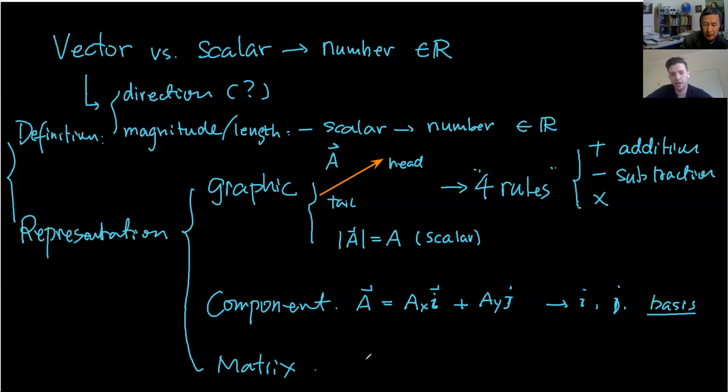You know that we mentioned at the beginning that vectors can also be represented by arrays of numbers, just as ax, ay. Okay. Or sometimes we can also represent the matrix as this one. It's called a row matrix.